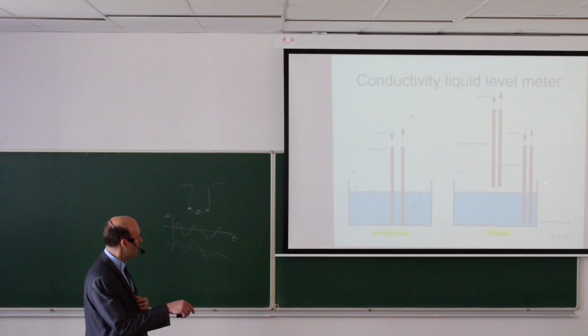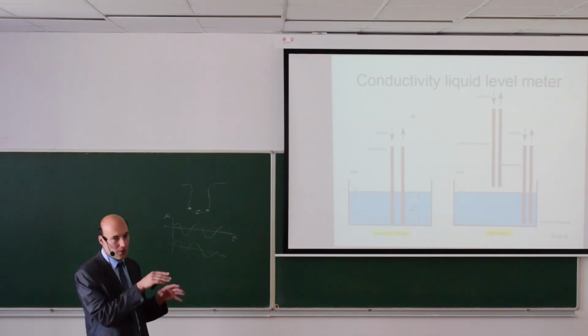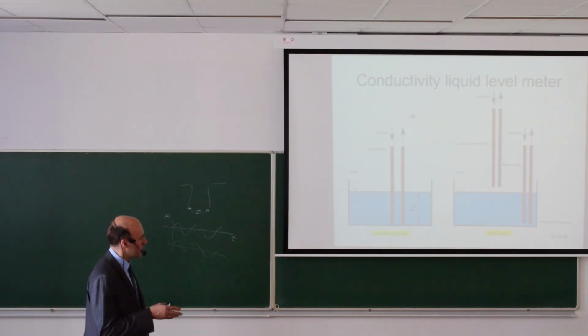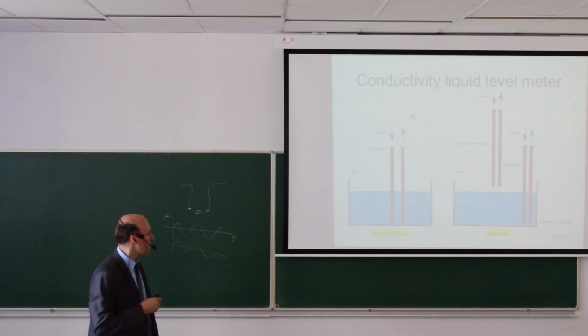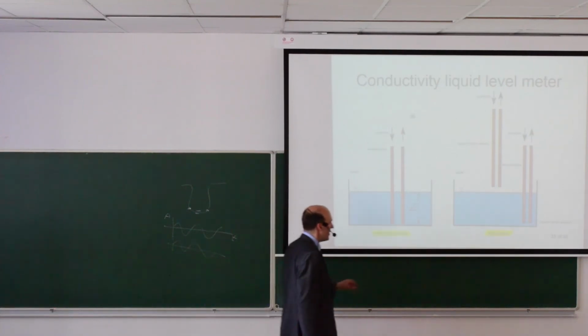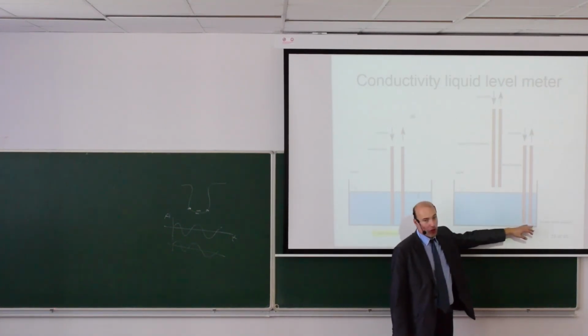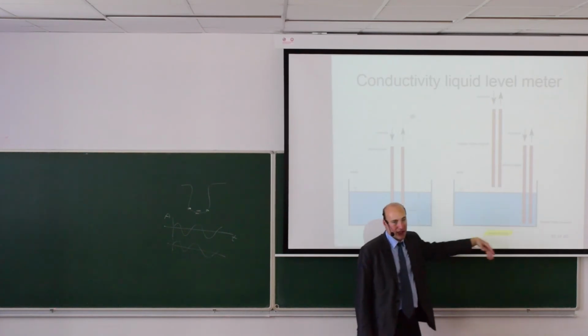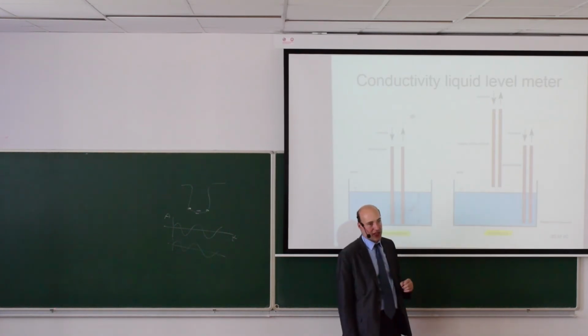If it's a point level, it is arranged like this on the right picture. You have one electrode that is completely submerged, and then you have one pair of electrodes here. It is outside of the tank. Now, here, this will act as a lower limit switch. So if the liquid level is above, you have a current and you know that the tank is not empty.